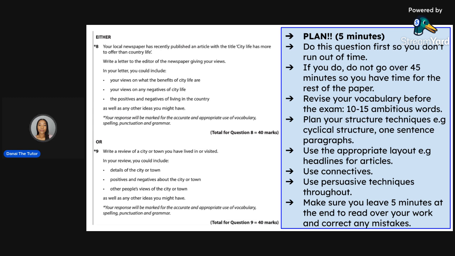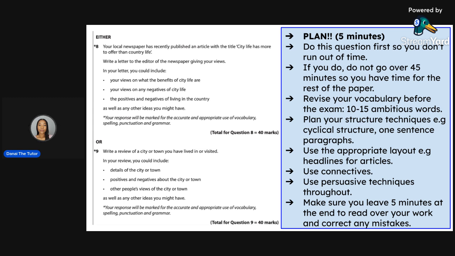I think that is a really, really good idea because, again, if you don't have a proper ending to this question, you will miss out on a good chunk of the marks available. So I think doing this question first is definitely helpful in managing your time. Do this question first, do not go over the 45 minutes so you have time for the rest of the paper.